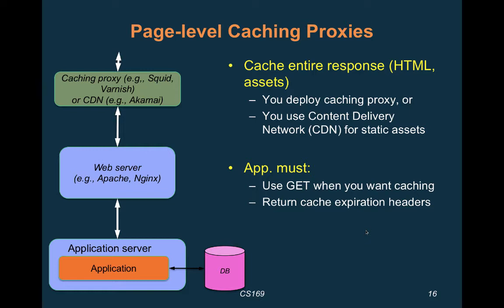This will respond very fast if it hits the cache. Otherwise, it will just forward the request to the web server behind it, which will forward it to the application server, which will look it up in the database and return it back. And on its way back, this proxy cache will store it for future use. Okay? And these are really very, very fast, similar in concept and architecture to a good web server, definitely much faster than anything you're ever going to write in Ruby or in Python. Okay?